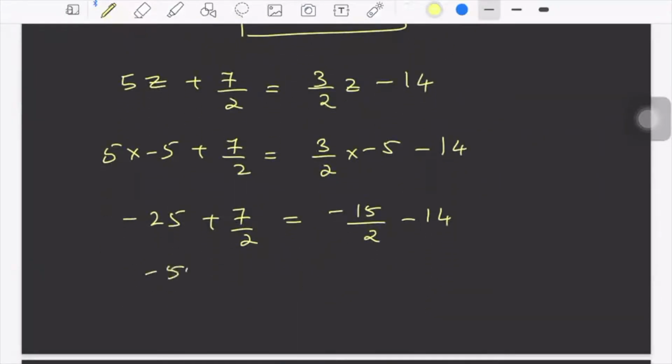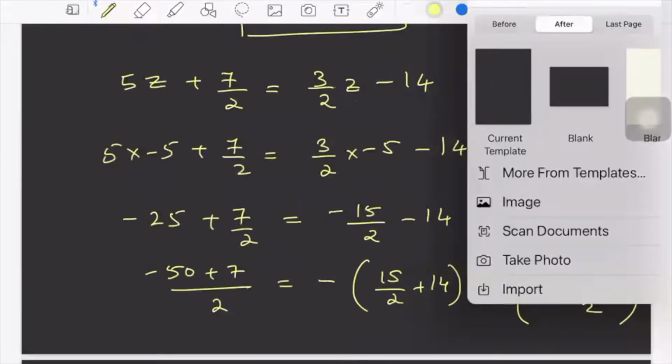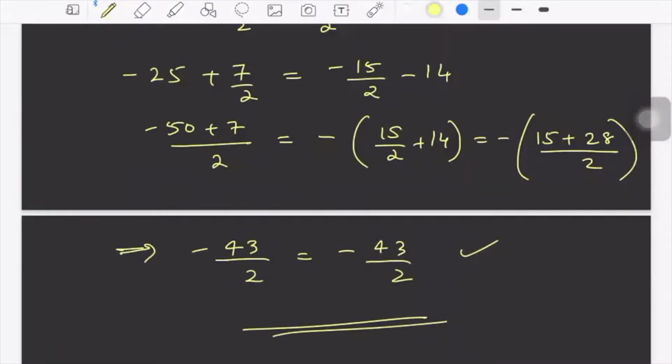So this is minus 50 plus 7 by 2. And here we have minus of 15 by 2 plus 14, so minus of 15 plus 28 by 2. So this becomes minus 43 by 2 is equal to, here we have minus 43 by 2. Yes. So that is being satisfied. So our answer is right.